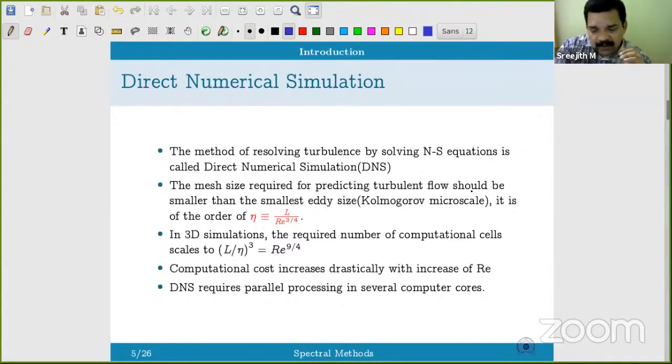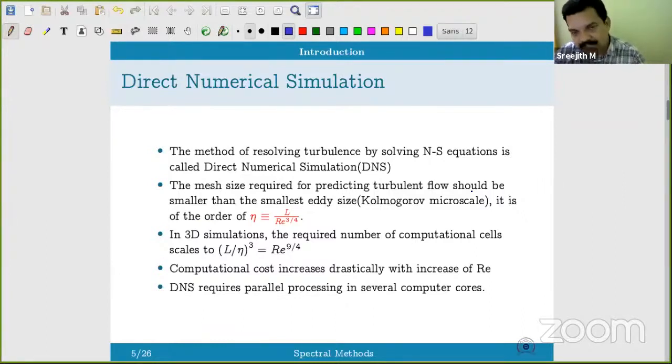To simulate the turbulent flow exactly, we have to go for direct numerical simulation, in which we find flow properties like the instantaneous velocity. It is difficult, so we go for some modeling, like Reynolds-averaged Navier-Stokes equations, or some other modeling.